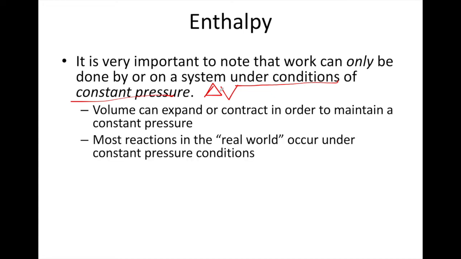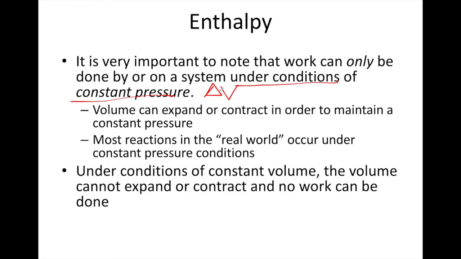Now, this is very important because most all of the real world reactions occur under constant pressure conditions. All of the reactions that occur in your body, in living things, are essentially under constant pressure. They're not in sealed containers. Reactions that occur in a laboratory are generally constant pressure reactions. Anything that's open to the air in a beaker, constant pressure. So most all the reactions that are generally performed are under constant pressure.